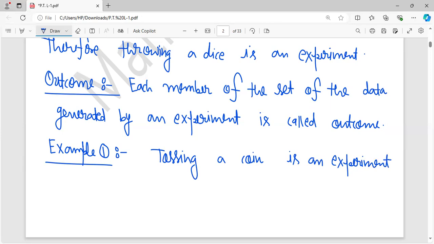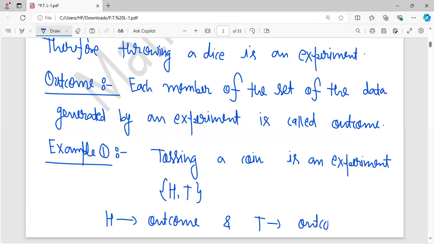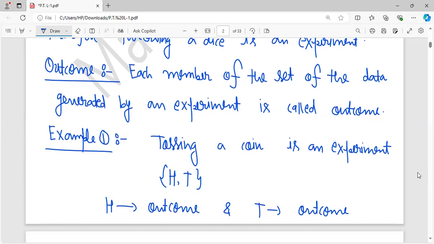The set of data is H and T. So H is an outcome, and T is also an outcome, because each member, H and T, is a member of the set of data generated by the experiment.